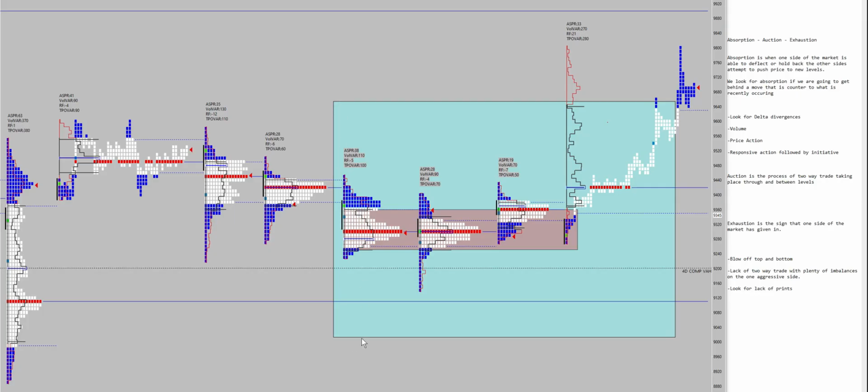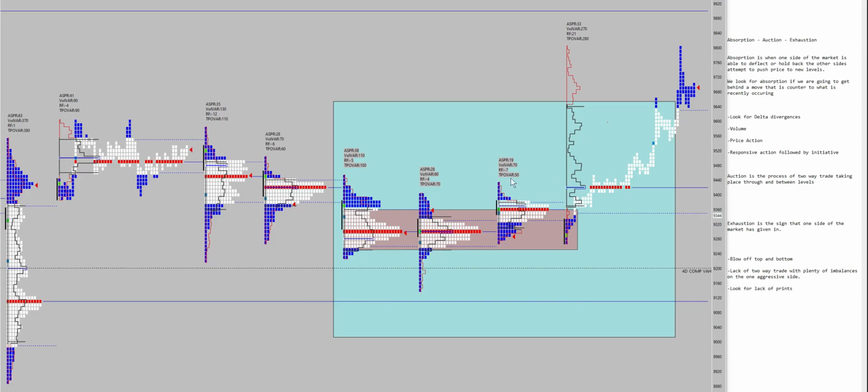I've put this blue box here so that we can see when I go to the other charts that we're still within this area, because it's easy to get lost in Sierra Chart. It doesn't scroll as easily. I've griped about Sierra Chart before, but it's a phenomenal platform. You can do the same thing on ExoCharts. So just so we know we're in the right area, we're not accidentally looking at a different part of the chart.